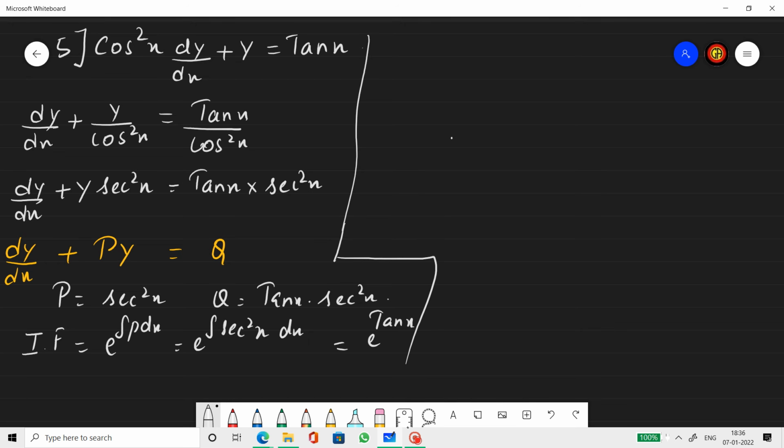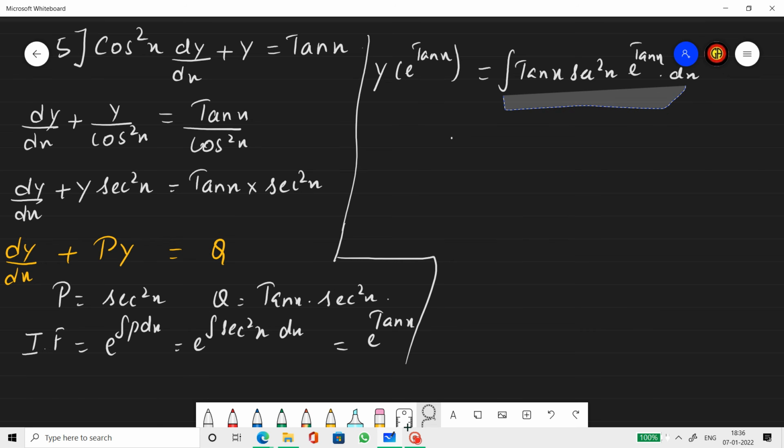Now the general solution. y times integrating factor, which is e power tan x, equals integration of q, which is tan x into sec square x, into integrating factor, which is e power tan x, into dx. Now we come to a point where we have to integrate this function.